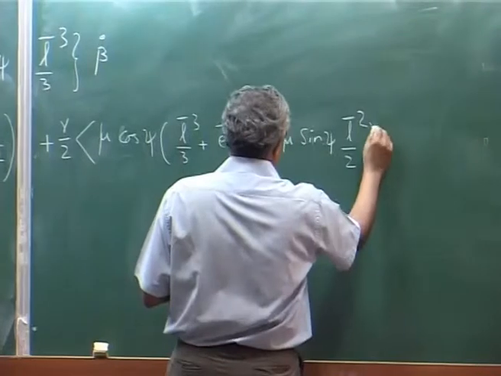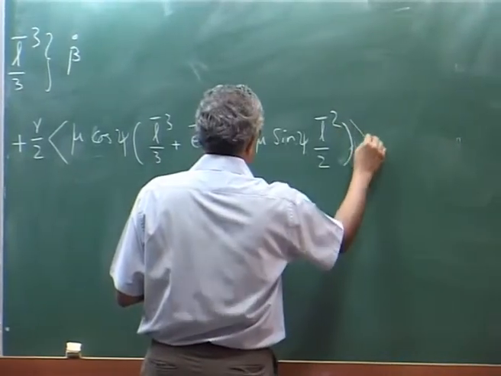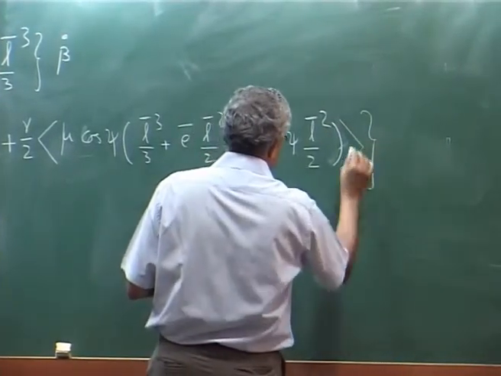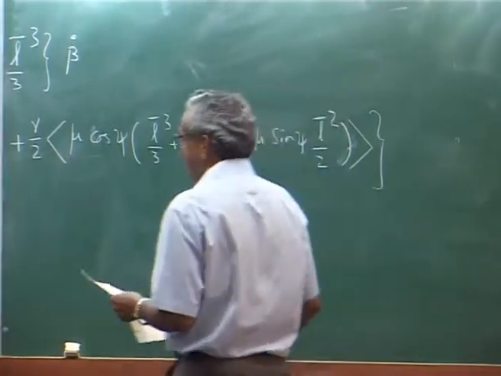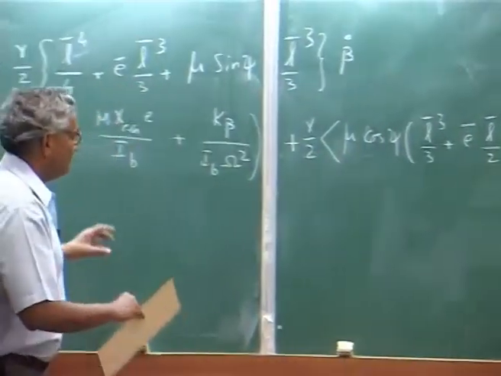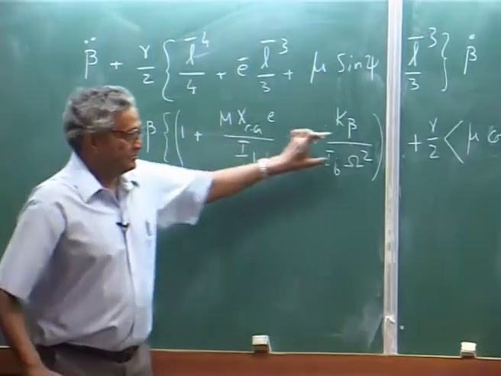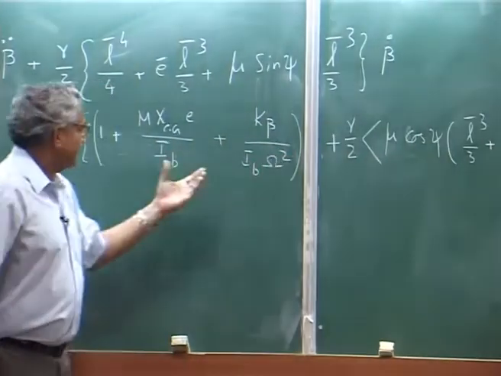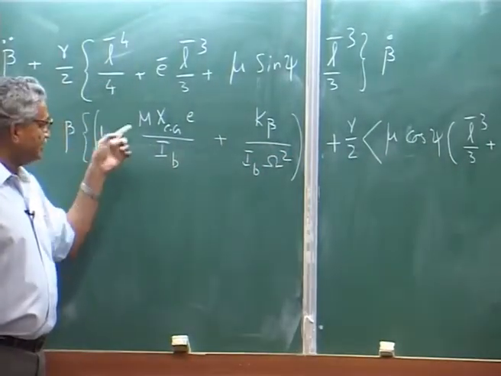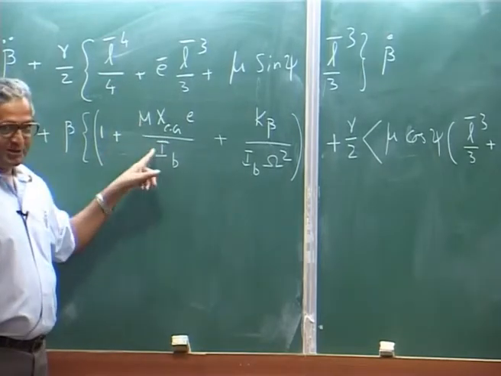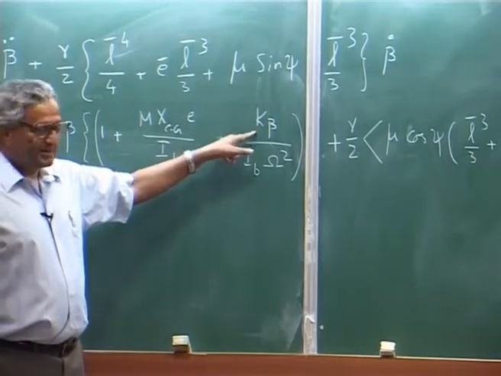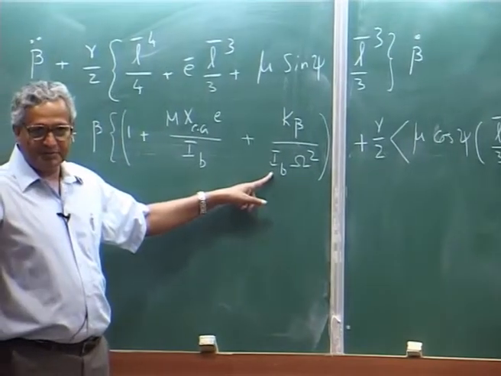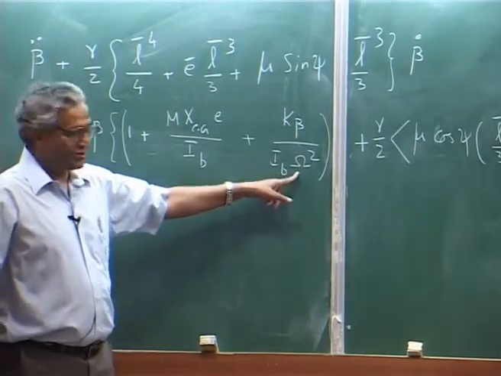This bracket I close, this I close, this I close. This is my stiffness term, please understand. I have 1 plus, this I will explain to you what this term is: root spring divided by blade mass moment of inertia, non dimensional omega square.